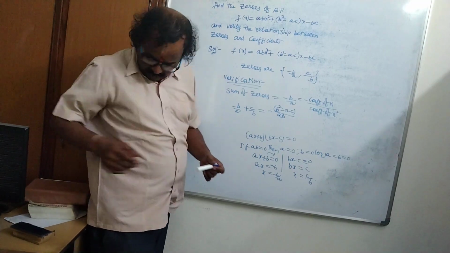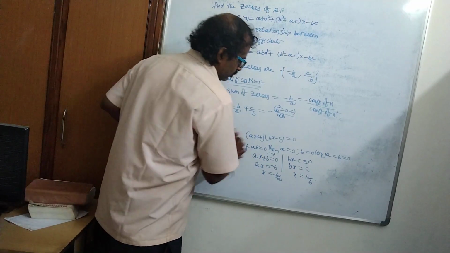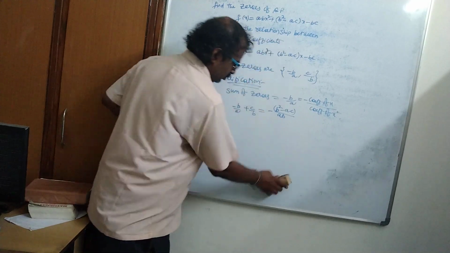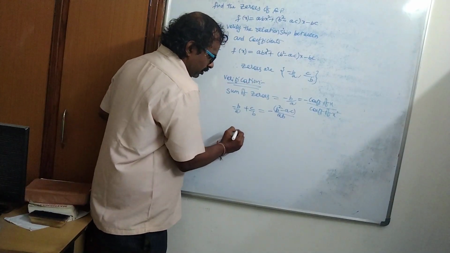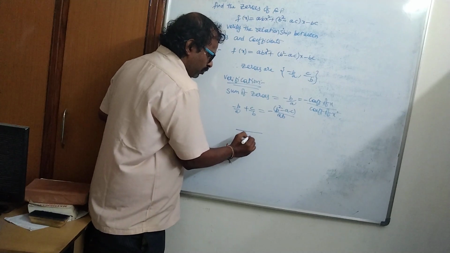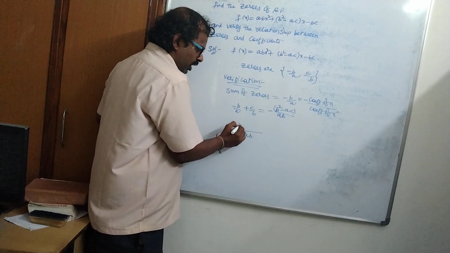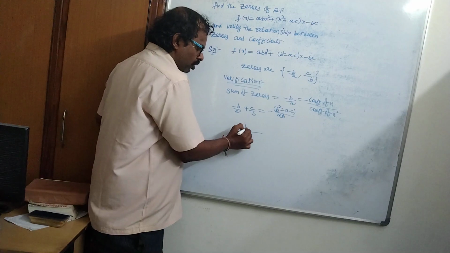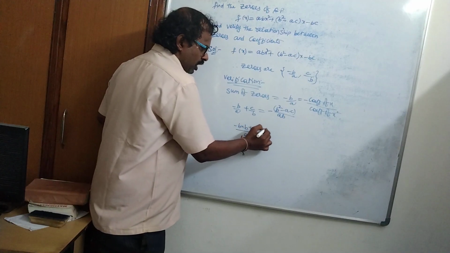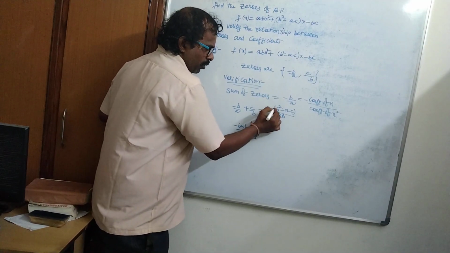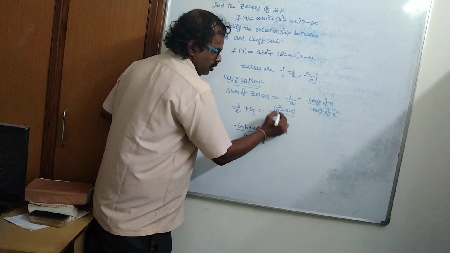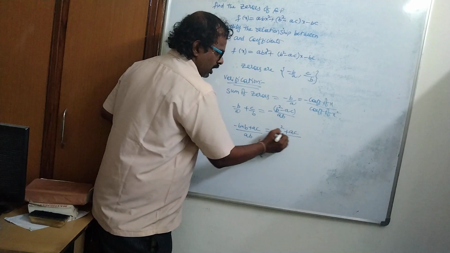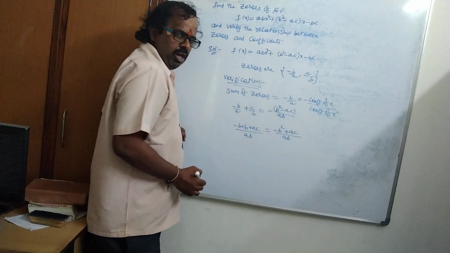Now take the LCM. So what do we get here in LHS? ab. So here minus b into b plus ac. Now multiply the signs: minus b square, minus into minus is plus ac, by ab.